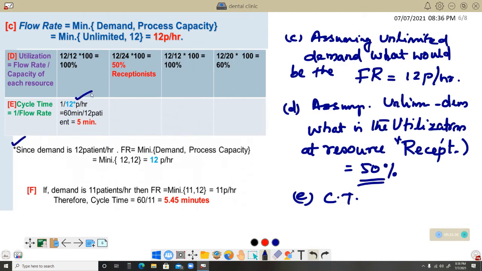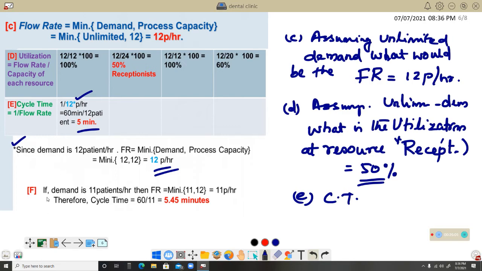Understand how you got this particular 12. Since demand is 12 patients per hour, the flow rate is minimum of demand, process capacity. So minimum of 12, 12 will be 12 patients per hour. That is why I took 12 over here. So 1 by 12 patients per hour equals 60 by 12, you will get 5 minutes after calculating, right?